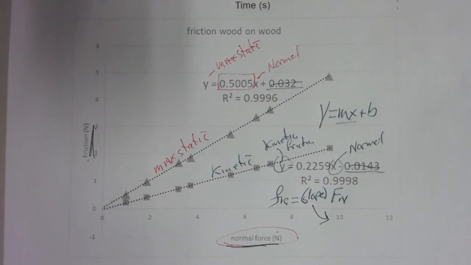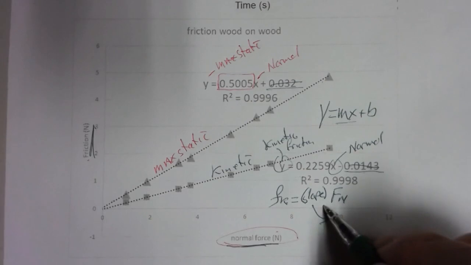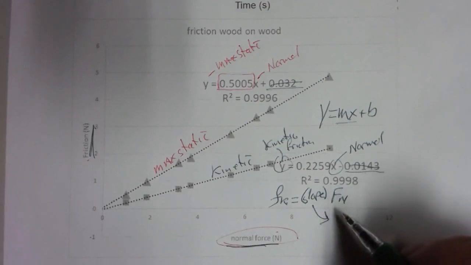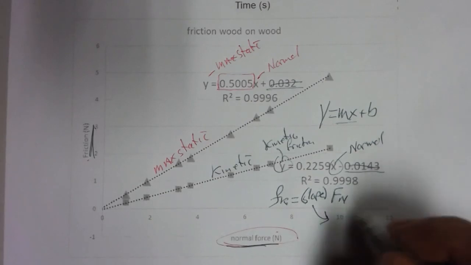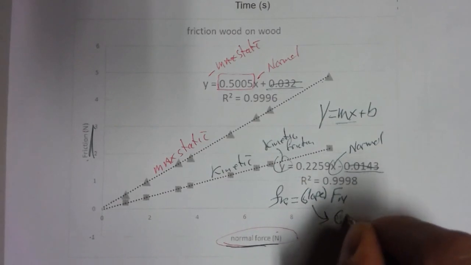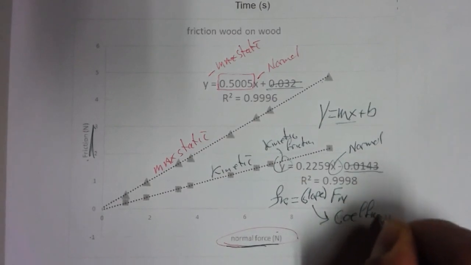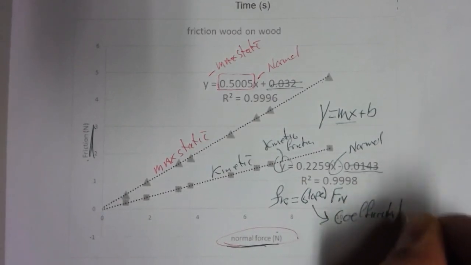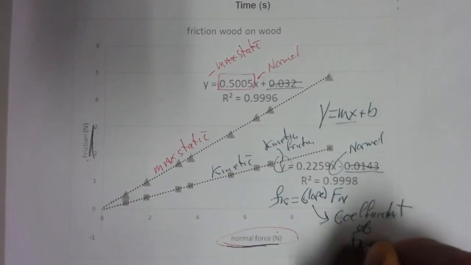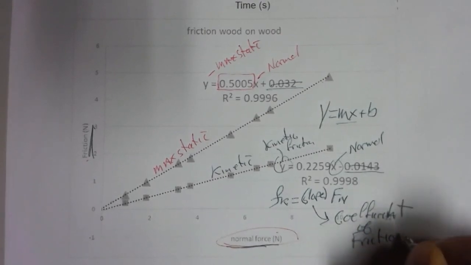You might have done glass on glass or graphite on graphite or whatever the options were. You had a lot of options in that experiment. Well, this slope is specific to the material, and it's called the coefficient of friction.